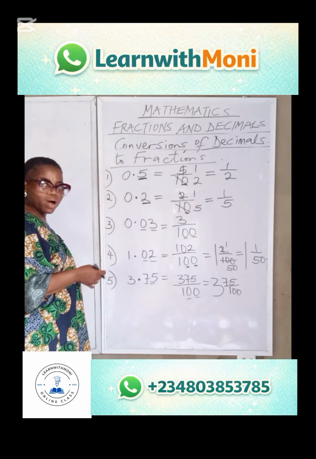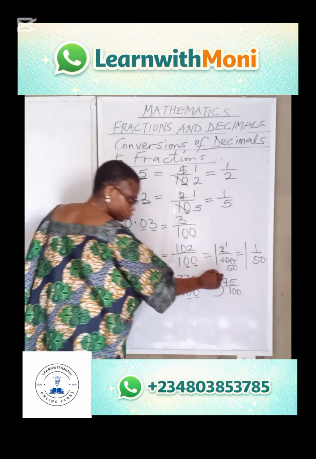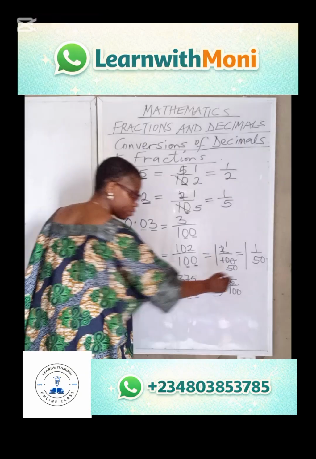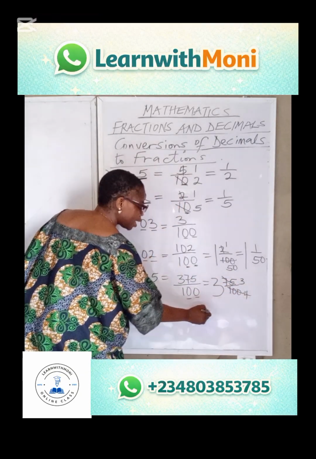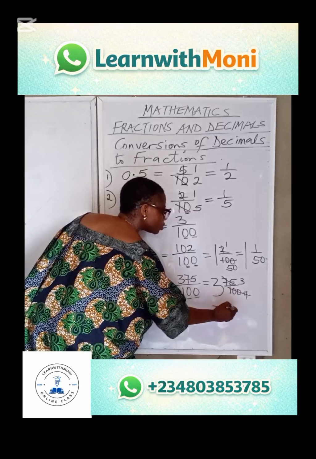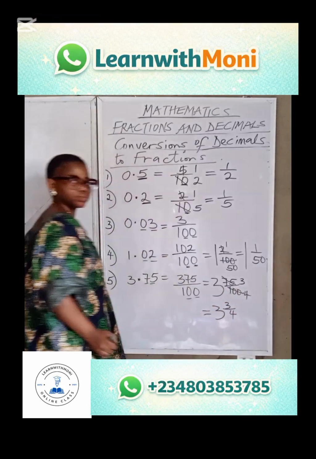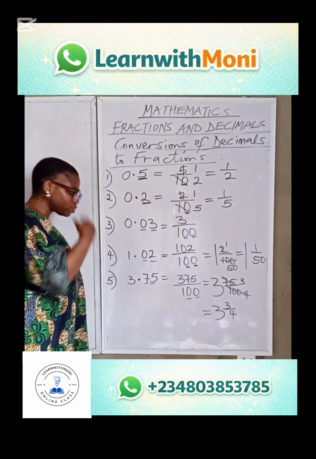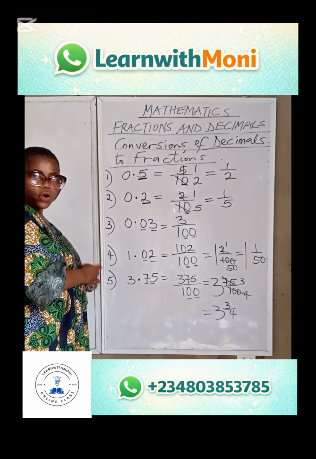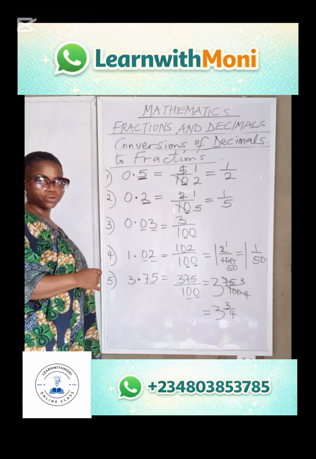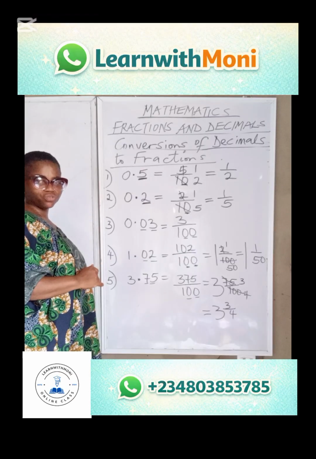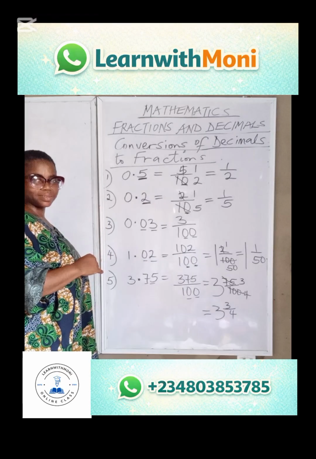Reducing 75 over 100 to the lowest term. 25 in 75 is 3. 25 in 100 is 4. And that is 3 wholes 3 over 4. And this is just the same method for all conversion from decimal to fraction. I don't want this video to be too long, so I will stop here.